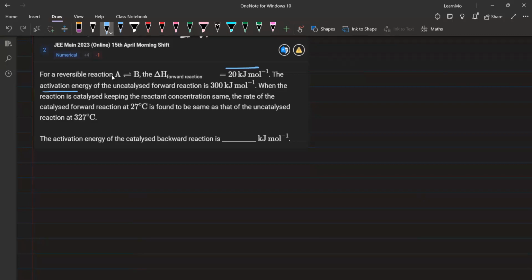The activation energy of uncatalyzed forward reaction is 300 kilojoule per mole. When the reaction is catalyzed, keeping the reactant concentration same, the rate of catalyzed forward reaction at 27 degrees Celsius is found to be same as that of uncatalyzed reaction at 327 degrees Celsius. The activation energy of the catalyzed backward reaction is.